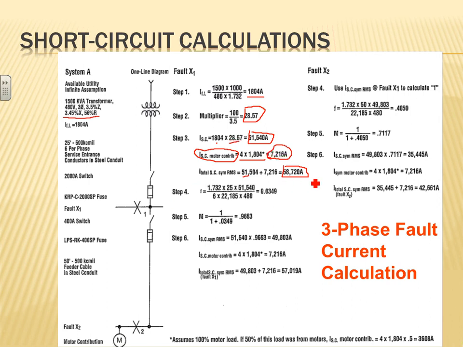So up to this point, that's just the available short circuit at the terminal, at X1, right here. This is at the terminal of the transformer. Now, when you pull conductors, guys, to the fuse disconnect, so you go to X2, then you have the F factor, and these are all formulas that you can plug in.